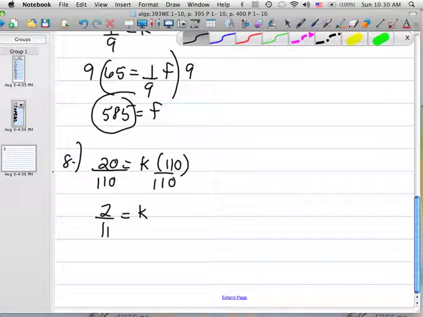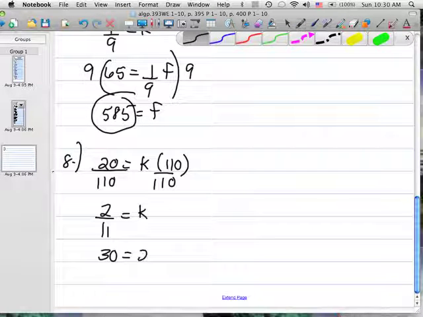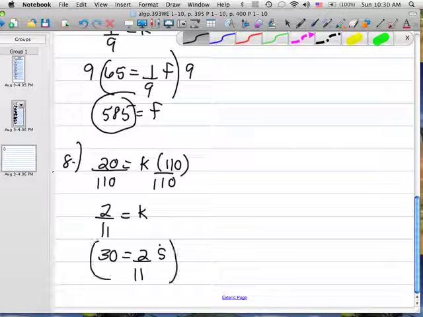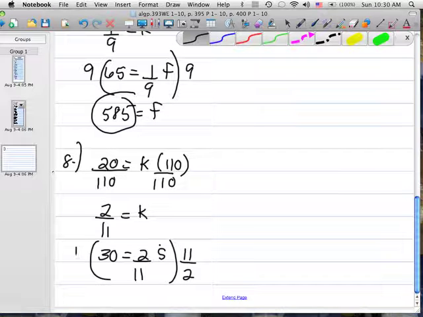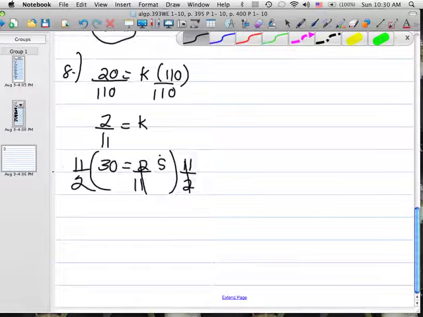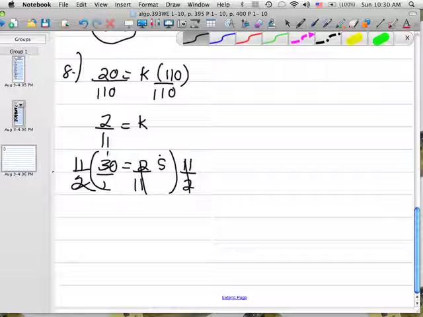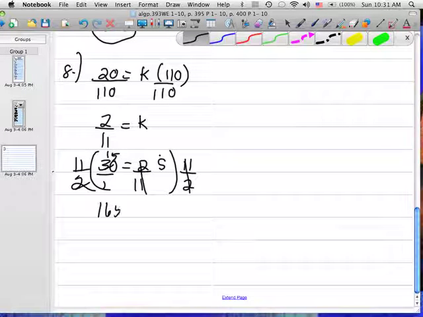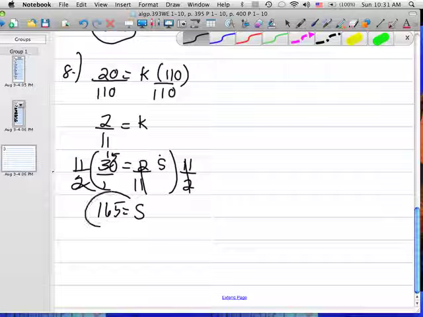So at this rate, how many servings can be made with 30 pounds? So we have 30 pounds, and our constant of variation is 2/11, and servings we're looking for. So multiply both sides by 11 halves, to get rid of the 2/11. And 2 goes into 30 15 times, and 11 times 15 is 165. So we'll get 165 servings.